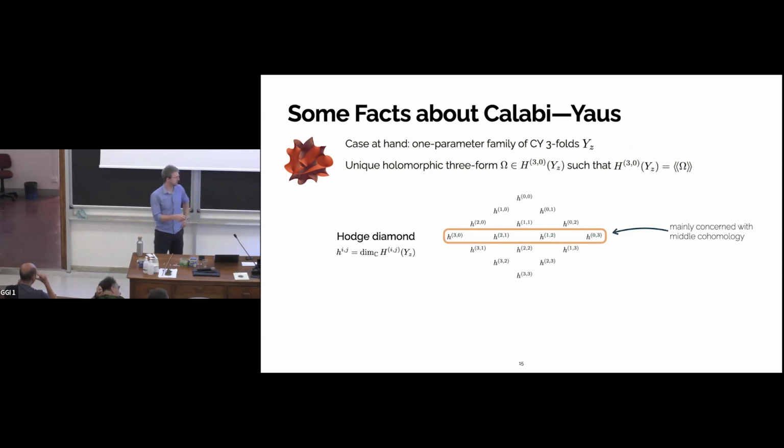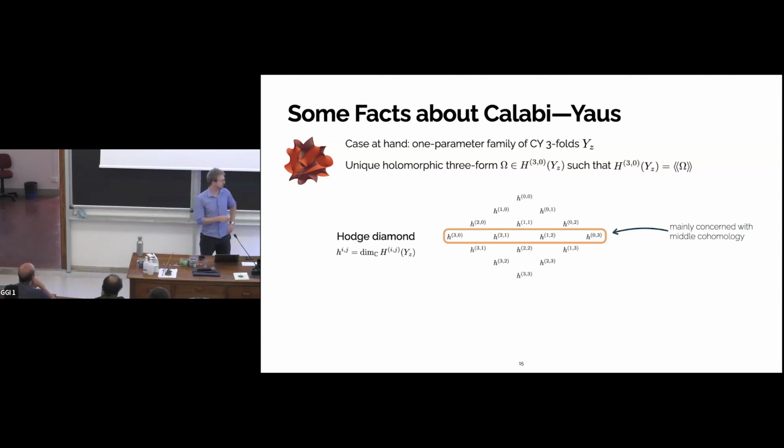You can look at the cohomology more generally. You can look at all the cohomology groups that you can associate to it. So not just the H30, but also mixed groups. And this is usually summarized in the Hodge diamond. Essentially, it just tells you what the dimensions are of these spaces.